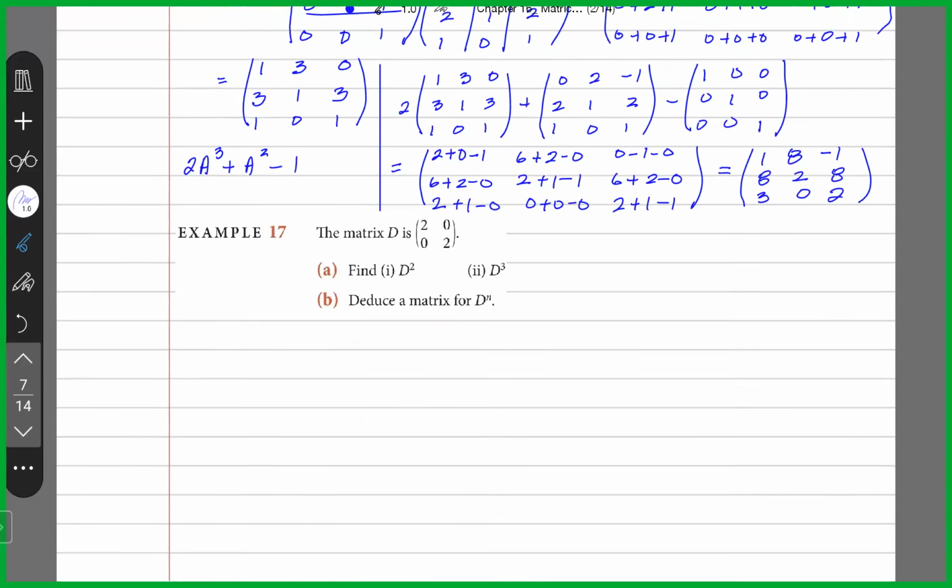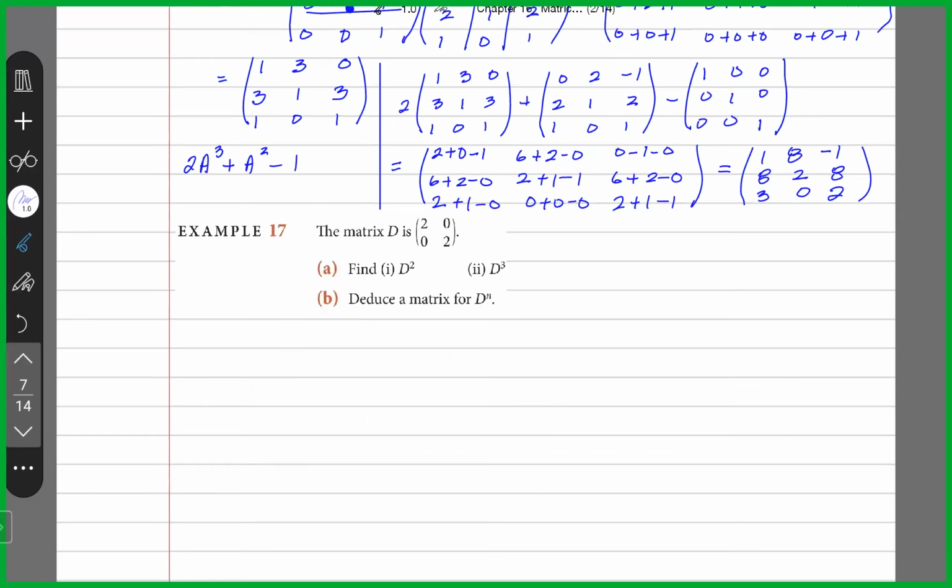All right, for example 17, the matrix D is 2, 0, 0, 2. We're asked to find D squared. Here's how I would probably handle this. D is actually 2 times 1, 0, 0, 1.